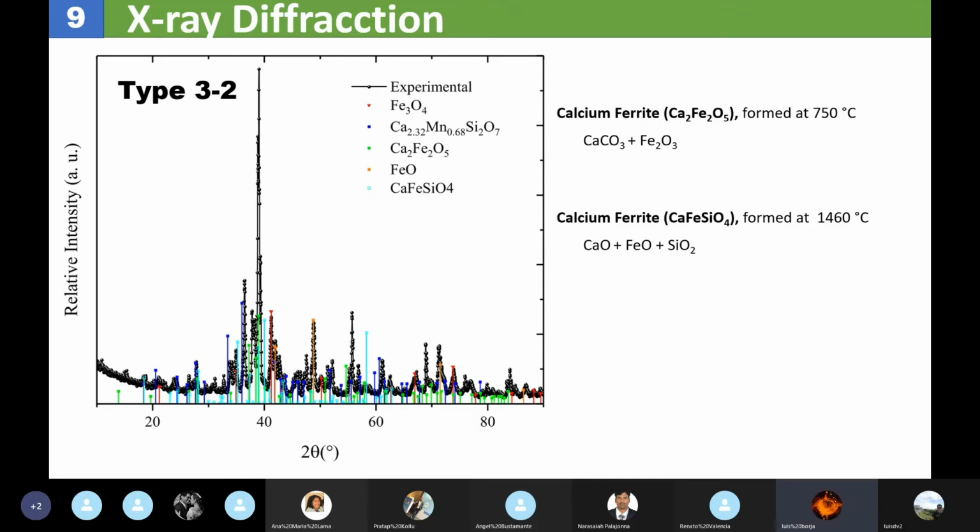The other compound, calcium ferrite silicate, forms at 1460 degrees, by the reaction of calcium oxide, wustite, and quartz. These are the phases that we detected, and similar phases were detected in the type 2-1, which are magnetite and wustite. Please, the next one.